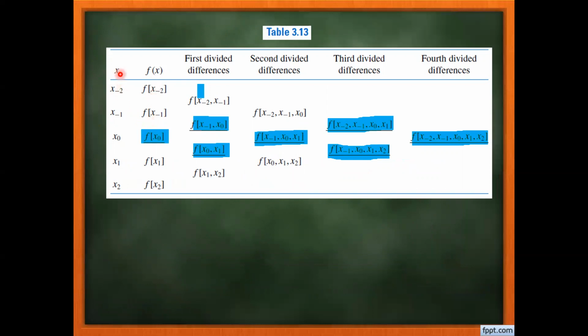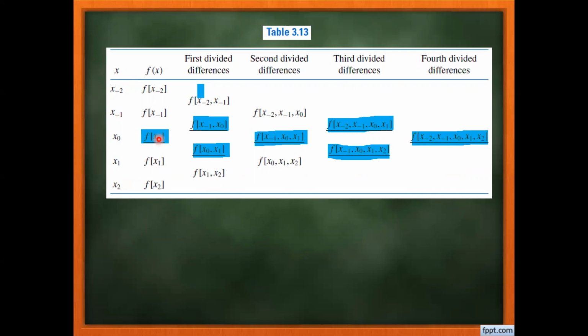We are just going to label it in a different way. It will start with negative index, come to the middle index, which is 0, and then we have positive index values: x minus 2, x minus 1, x0, x1, and x2. And the table will be developed similarly.